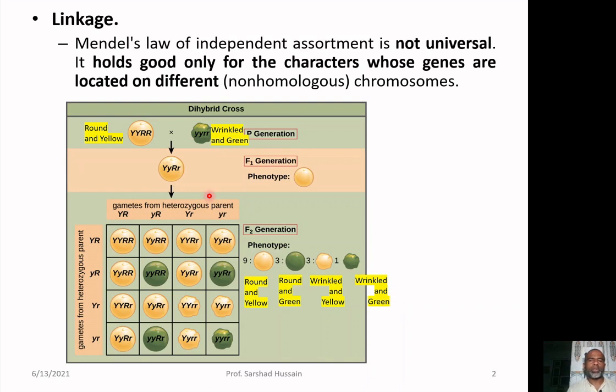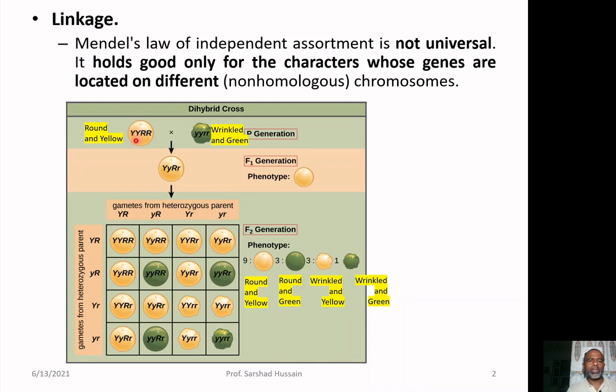Now, let us try to understand what we mean by linkage. In the first chapter, you have studied Mendel's laws of inheritance, and one of the laws was the law of independent assortment. Mendel described, for example, two pairs of genes.